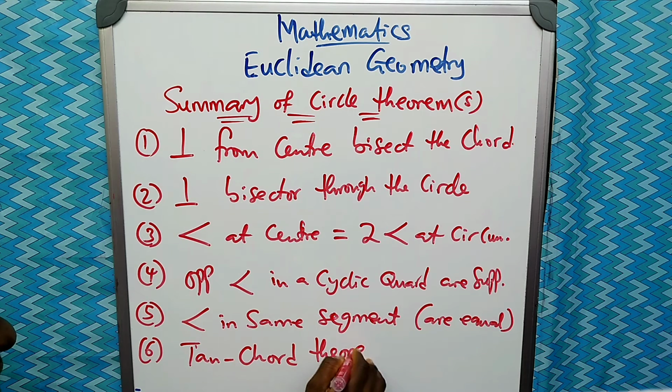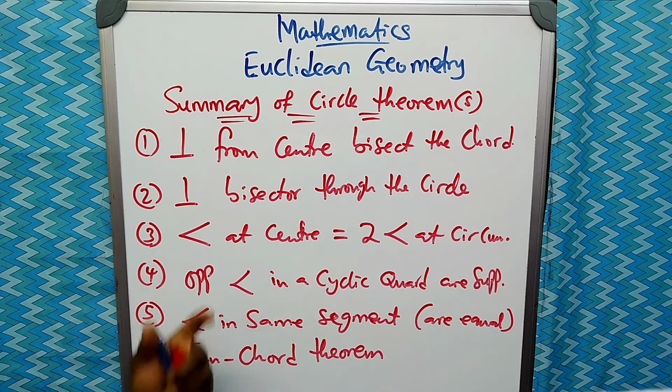You can check your textbook for all the details of this theorem, but we are only highlighting them as a reminder before we go into the application of the circle theorems. Now let's see some questions that we can use some of these theorems to calculate.